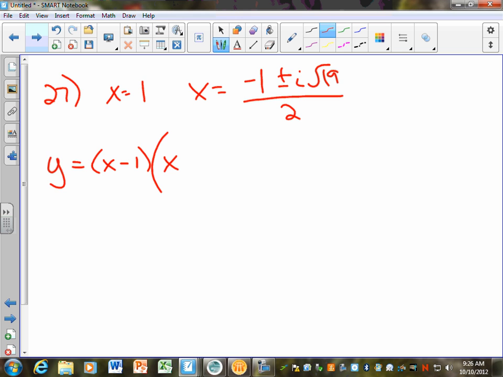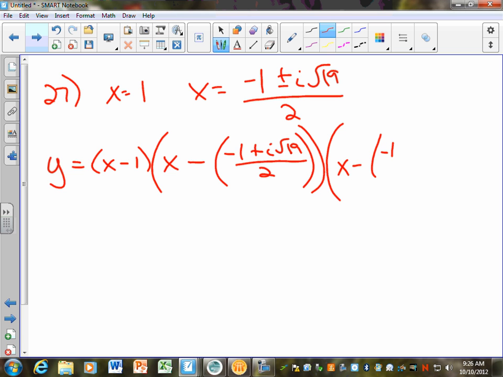I'm going to take x minus this whole thing, negative 1 plus i radical 19 over 2. That's a 0. And I can also write a factor of x minus negative 1 minus i radical 19 all over 2. And I put them in parentheses there, just like on the last problem, number 6, that we just did. You got to remember that you would be subtracting that whole thing.